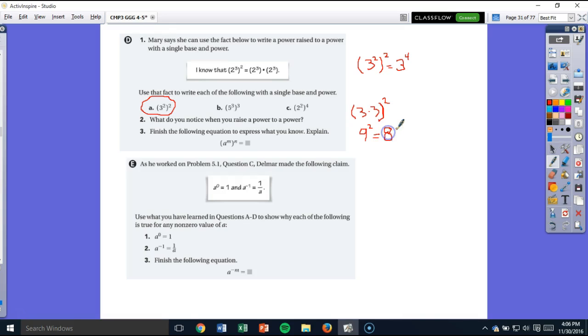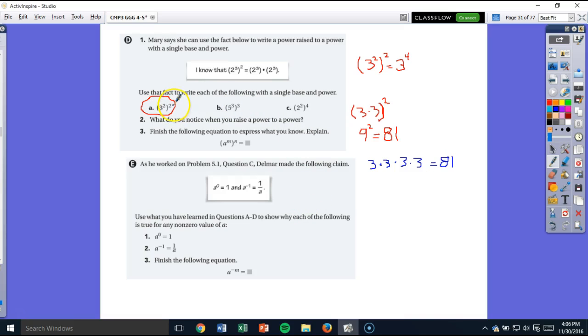I'll go ahead and switch colors for you here. 3 to the fourth, we have 3 times 3 times 3 times 3. Well, 3 times 3 is 9, times 3 is 27, and 27 times 3 just so happens to be 81. So that's part D.